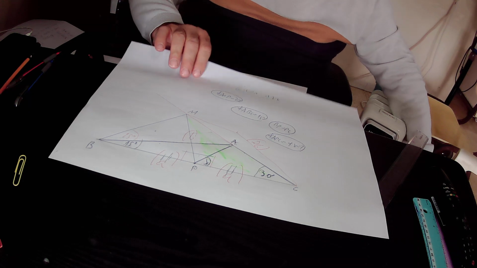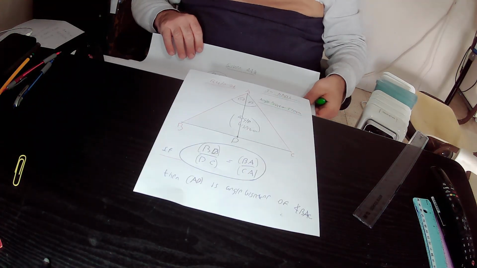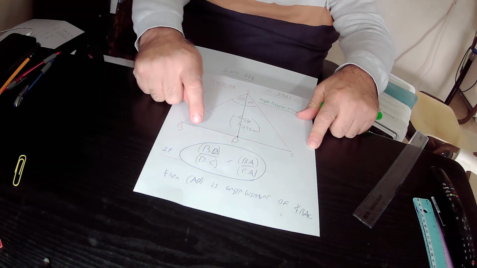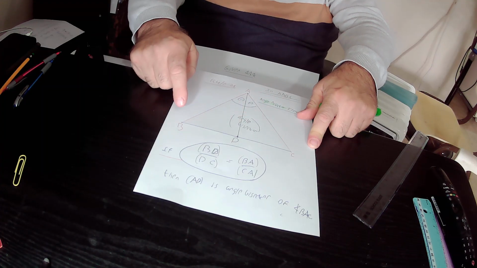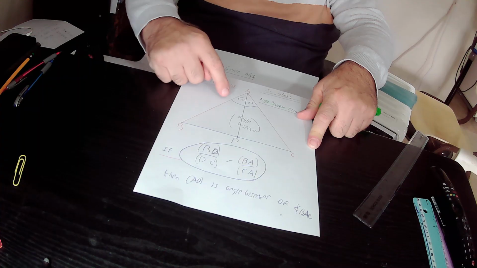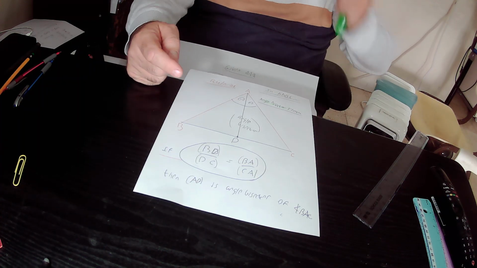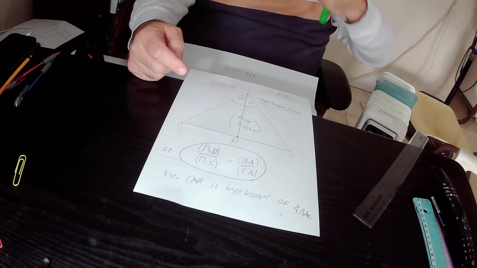According to Rule 21, in this triangle ABC, if BD over DC equals BA over AC, then AD is the angle bisector of this triangle ABC. Repeat again, it is the inverse rule of the angle bisector theorem.